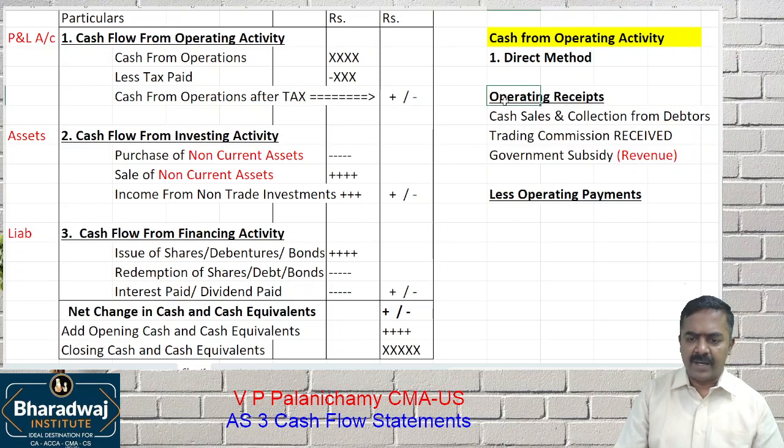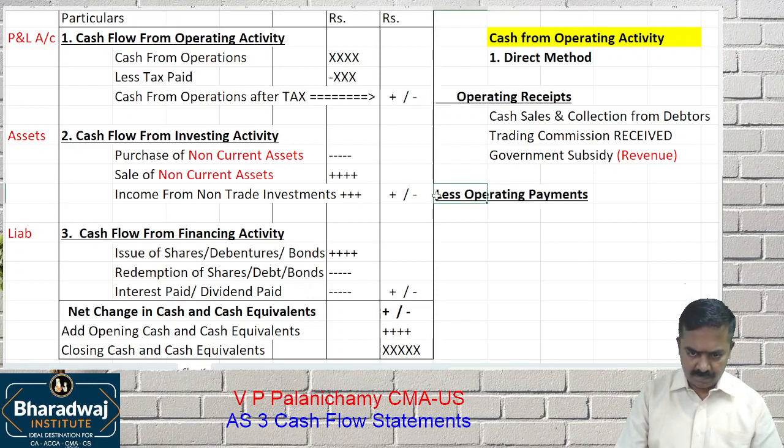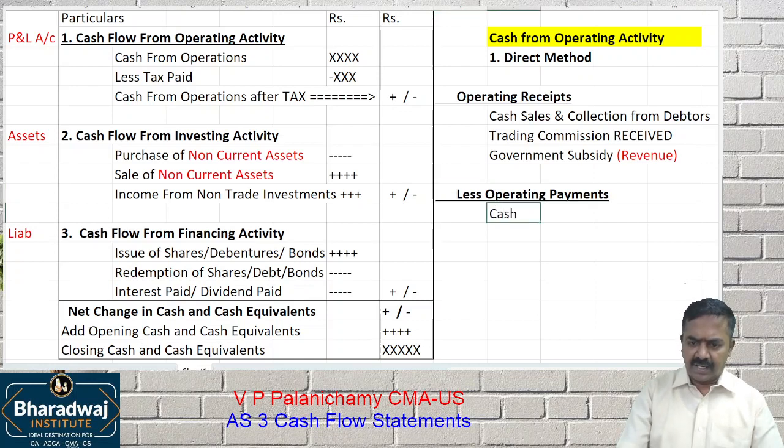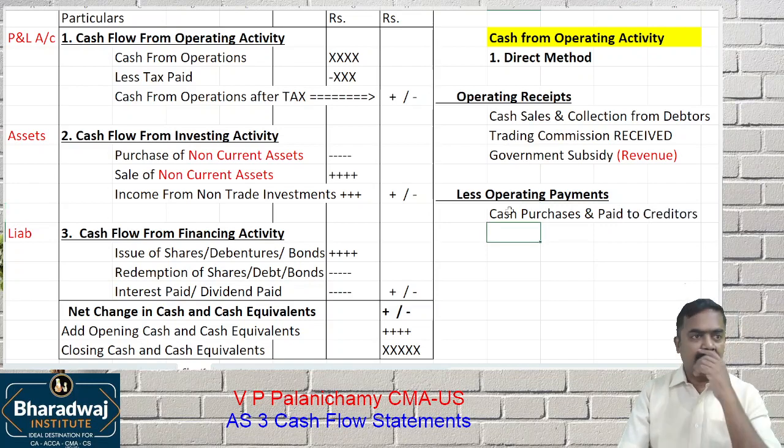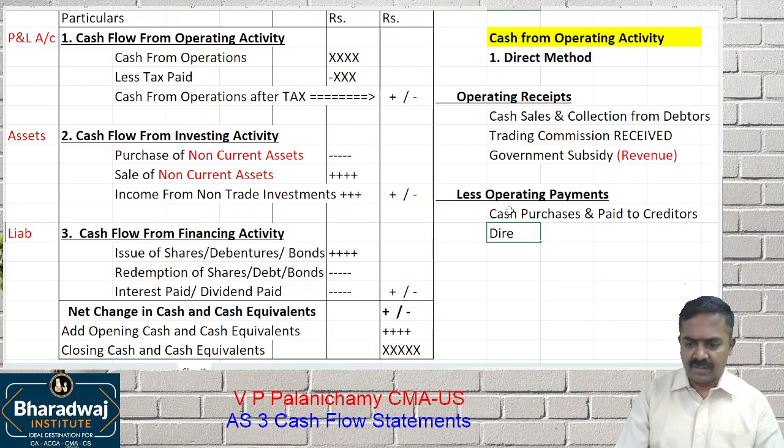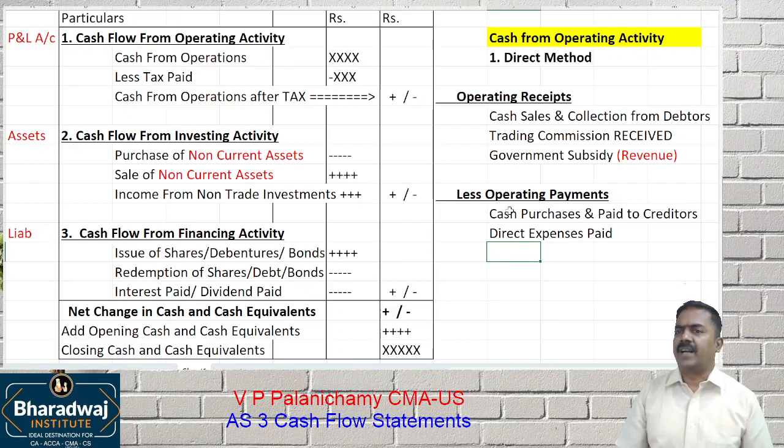Less: what are all operating expenses? Example of operating expenses: purchases. Will you take all purchases? Cash purchases and amounts paid to creditors. You will not take credit purchases. Then direct expenses paid. What do you mean by direct expenses?